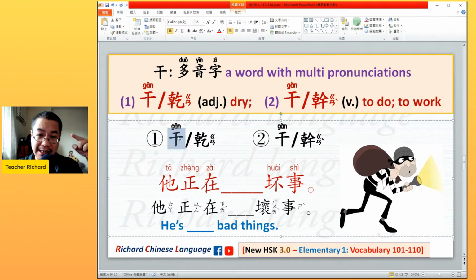We should use first tone 干 or fourth tone 干: 他正在干坏事. Okay, once again, 正在.